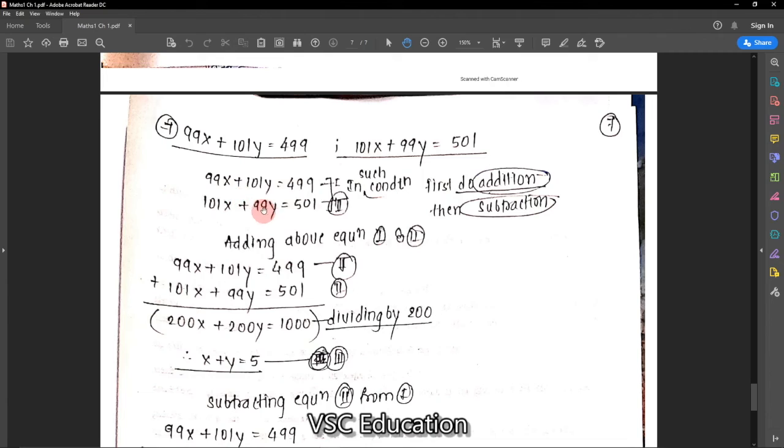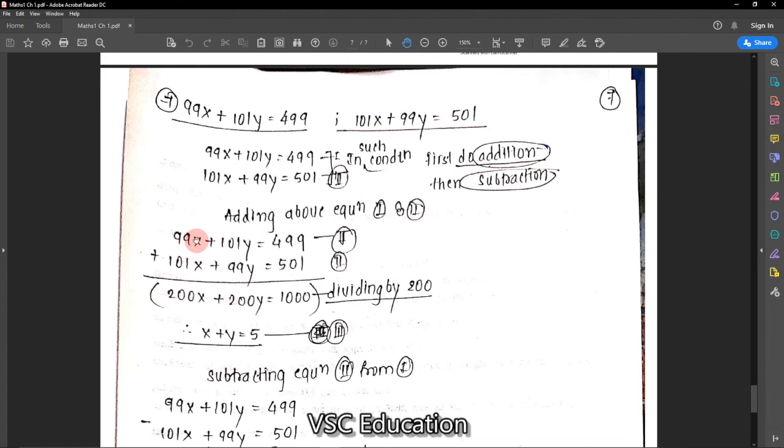When this condition occurs, then we add both the equations first and find the third equation. Again you subtract both the equations, find the fourth one. So adding both the equations 1 and 2. As usual, first equation 99x plus 101y is equal to 499.